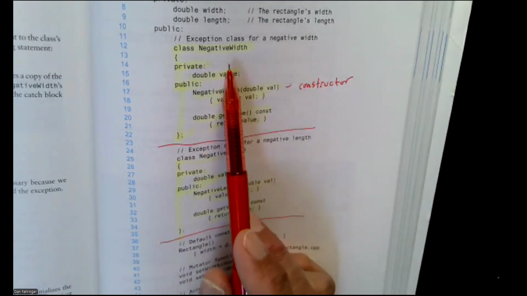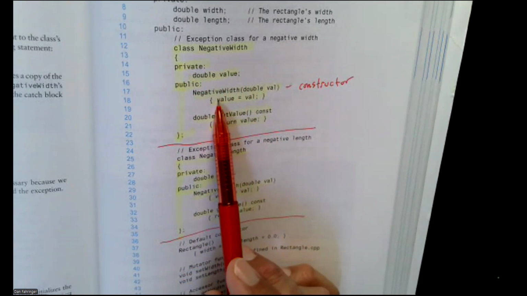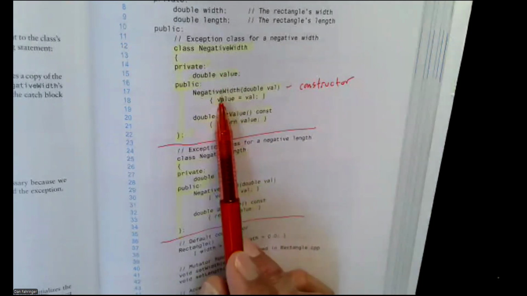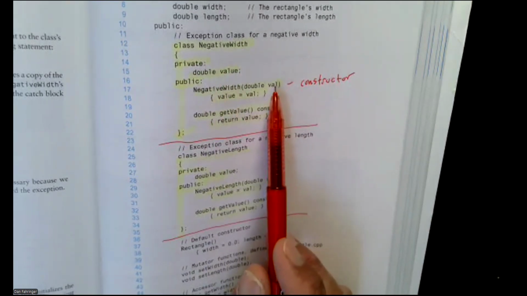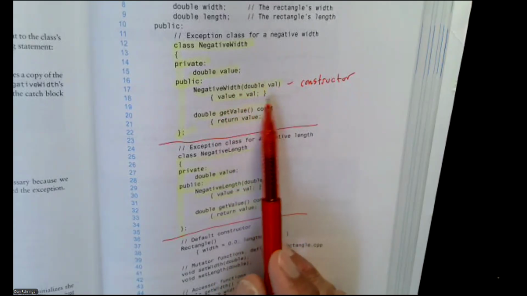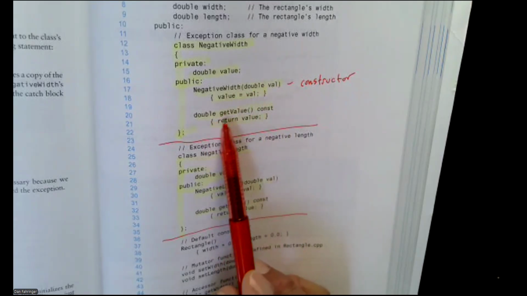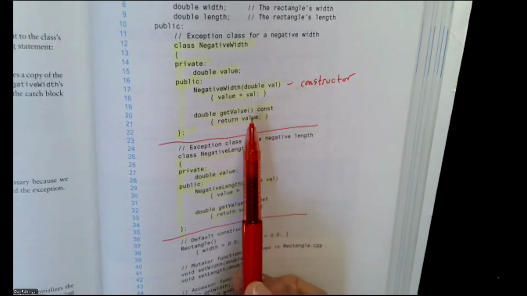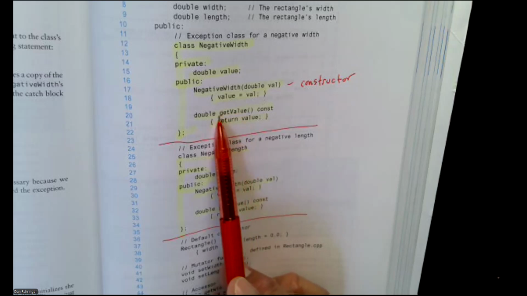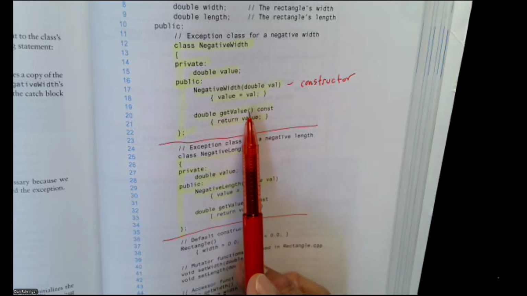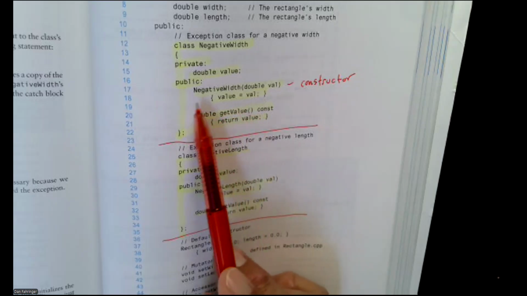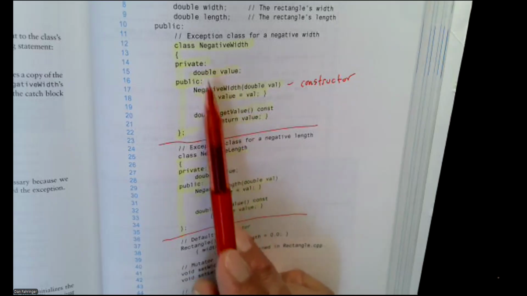It comes in here, and I have a constructor, same name as my class. So a value is coming in with this constructor. I have a function called get value. So that means over in my catch, I can use this function get value. I could use any function that I type up inside of this class.